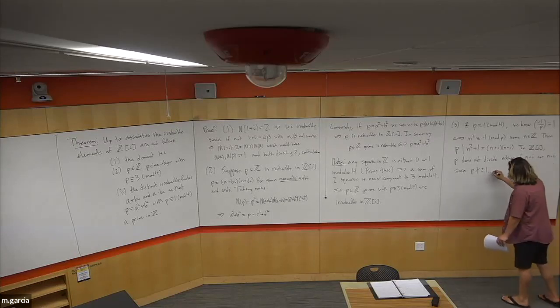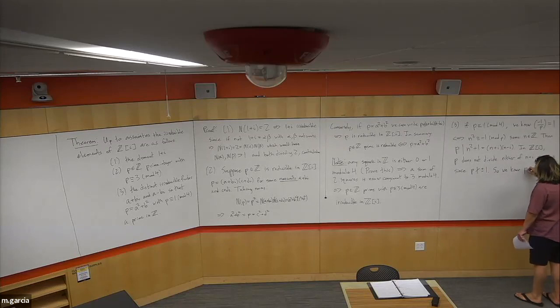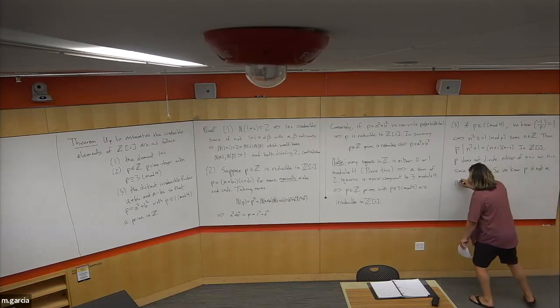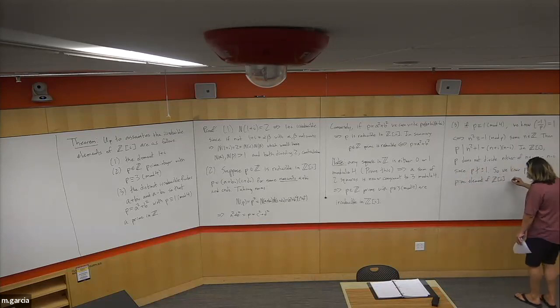So we know P is not a prime element of Z adjoin i, hence not irreducible.